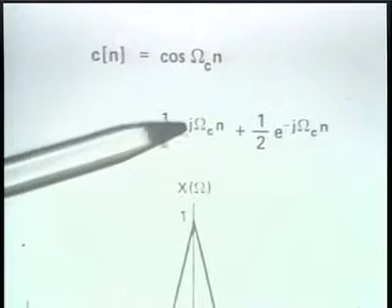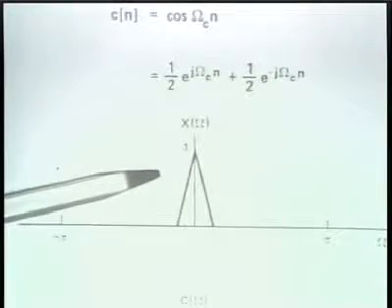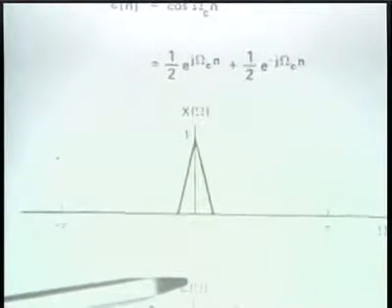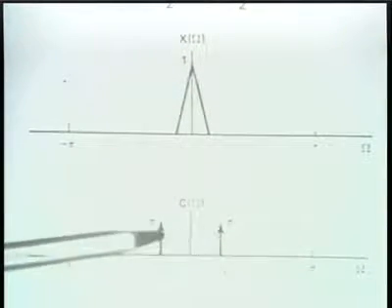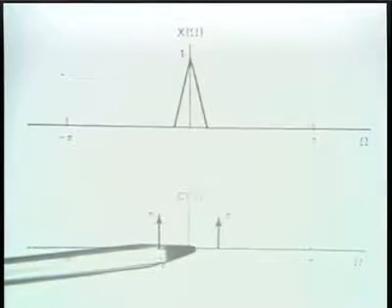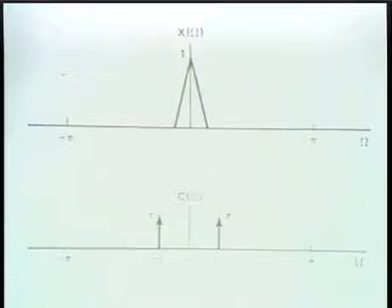And so if we consider a modulating spectrum, that is the spectrum of x of n, as something of the type that I indicate here, and the spectrum of the carrier, now, since the carrier is sinusoidal rather than a complex exponential, consists of two impulses, one at plus omega sub c and one at minus omega sub c, convolving this spectrum with this spectrum gives us a replication of x of omega around plus and minus omega sub c, and incidentally with an amplitude change of a half.